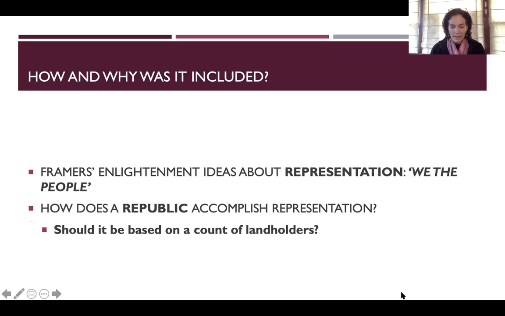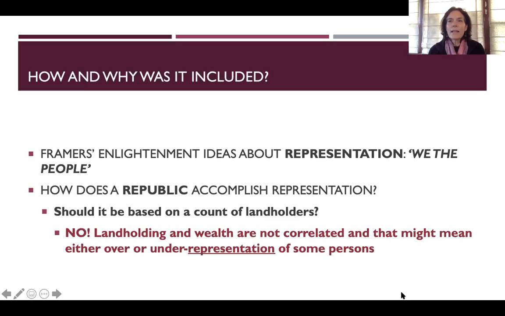The first question was, should it be based on land assessments or based on landholders? And the decision amongst the framers was that no, landholding was not going to give an adequate accounting of the people in the country at that time.